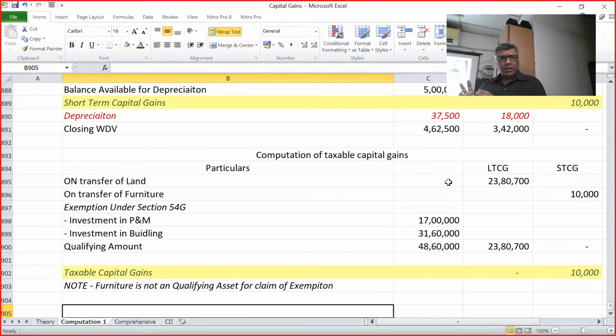The same question which you have now worked has come twice, probably with a change in numbers, in the past 10 years, 10 to 20 question papers. 54G is the most popular. Next to 54, it is not 54B or EC or F, it is 54G. Rarely do they ask questions on 54EC, etc. Remember that.